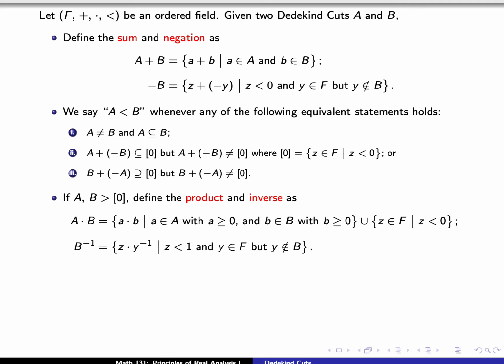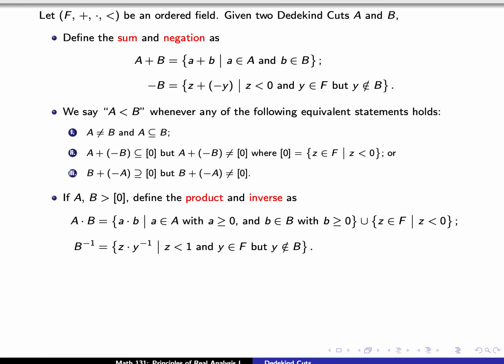What this means intuitively is that both A and B contain all of the negative elements, that is, all of the z in F that are less than 0. Then the product A times B should be positive, meaning that it should also contain all of the negative elements. Similarly, the inverse of B should contain all of the elements that are negative, all of the z less than 0.